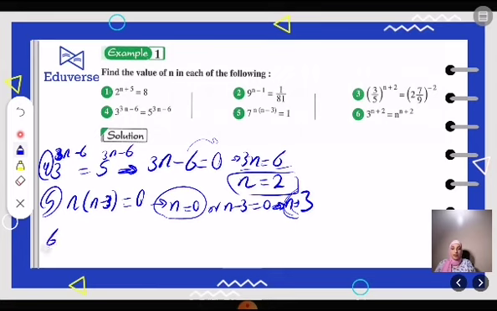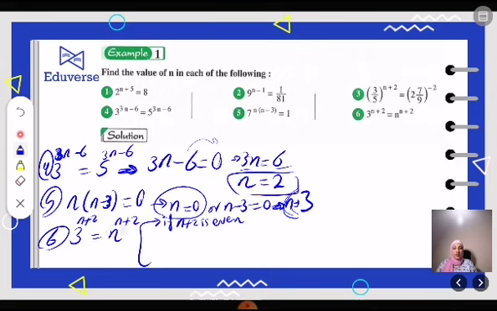Let's see number 6. We have 3 to the power n plus 2 equals n to the power n plus 2. As we said, we have 3 cases maybe. If the power n plus 2 is even, we will say that n will be positive or negative 3.